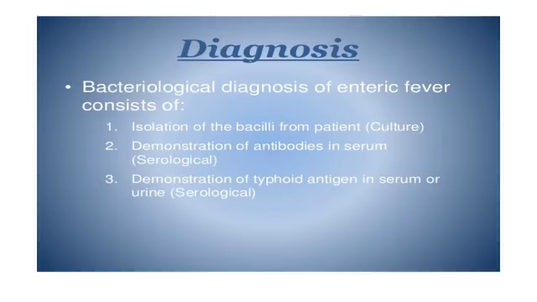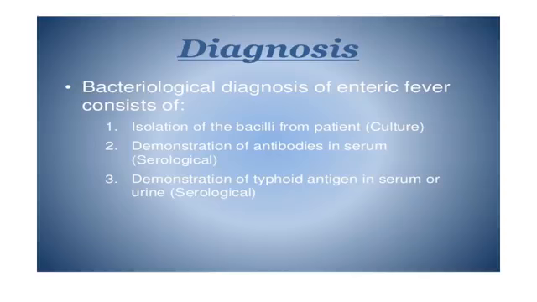Culture can be done from the blood, it can be done from the stool, it can be done from the bone marrow. So the bone marrow culture is the gold standard culture for the diagnosis of enteric fever, but it is an invasive procedure, so most commonly we advise blood culture to isolate the organism from the patient.